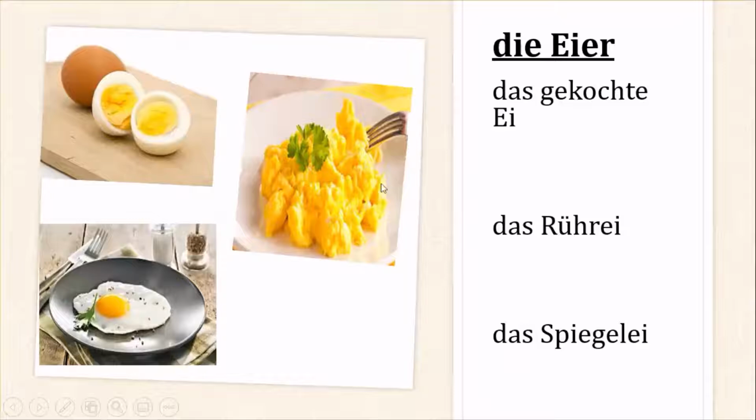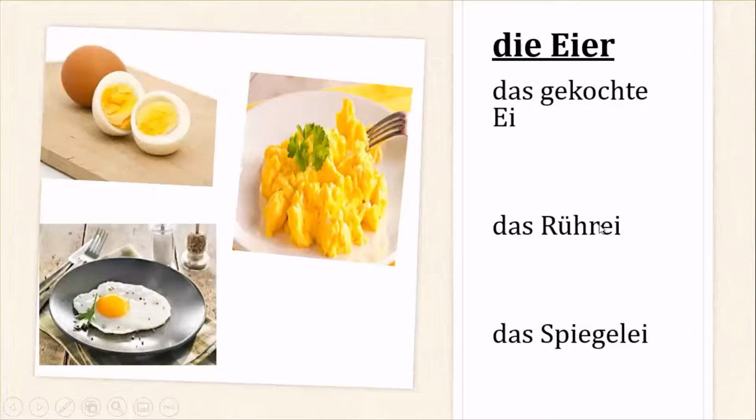Then we have the scrambled egg, das Rührei. Again, the word Ei is the egg, but there is a verb in this noun which can help you to remember that das Rührei is the scrambled egg.